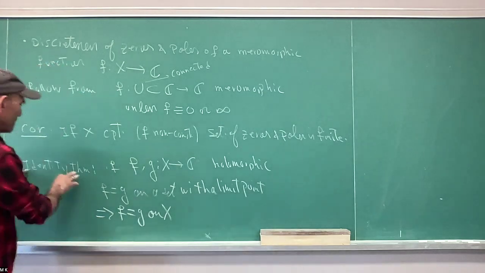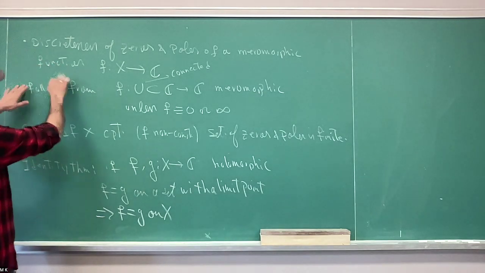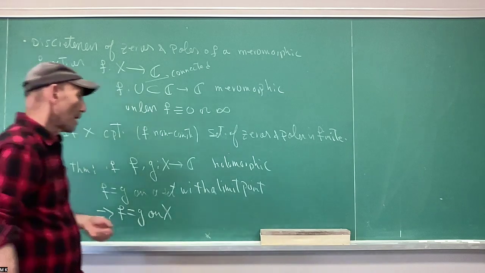Okay, so identity theorem, discreteness of zeros and poles.